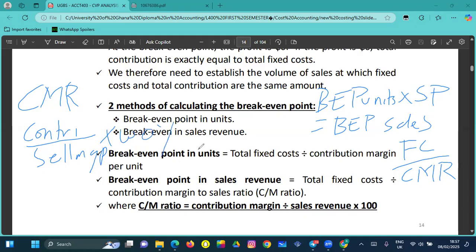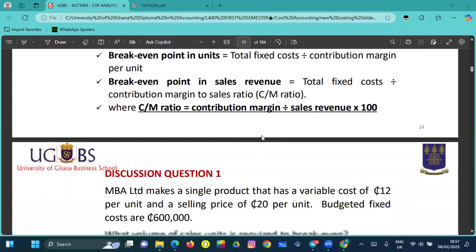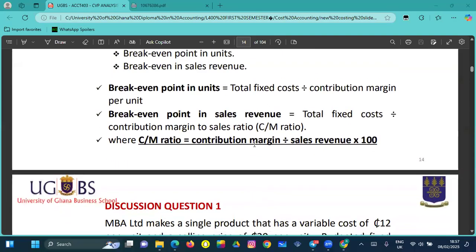So when you divide the fixed cost by the contribution margin ratio, you get the same break-even point in value or in sales. So let's move on. All right, so this is what I just explained.